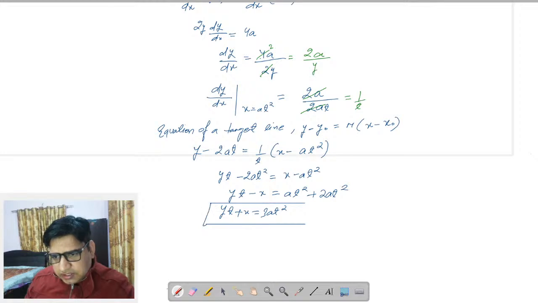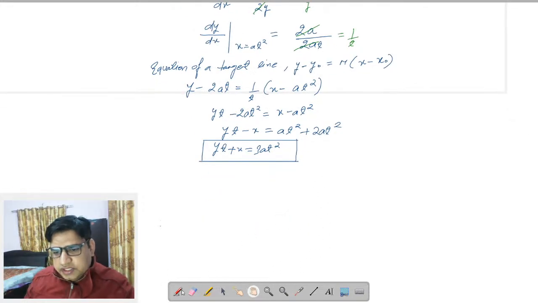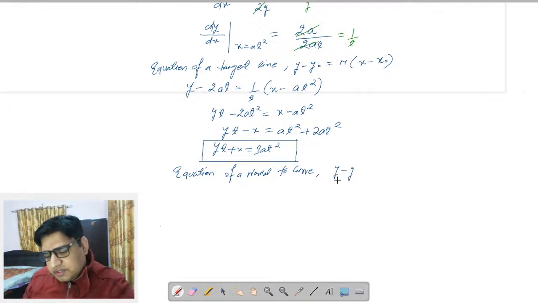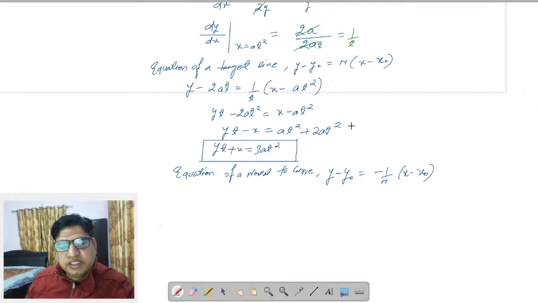In order to find the equation of normal to the curve, the equation is y minus y naught equals minus 1 upon m times (x minus x naught), where m is the slope of the tangent line, so the slope of the normal to the curve will be minus 1 upon m.